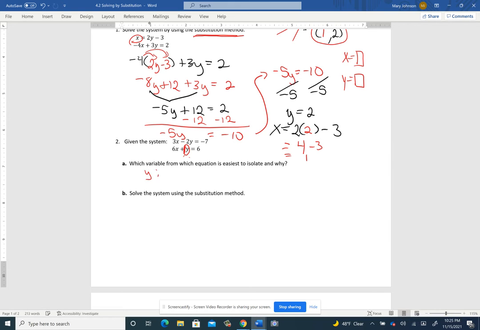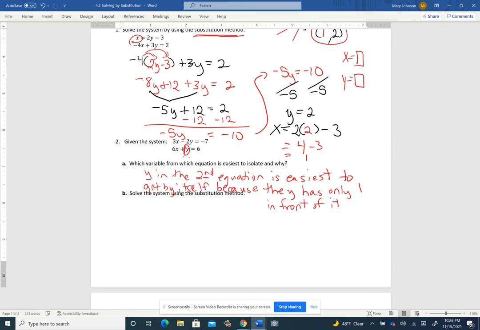So y in the second equation is easiest to get by itself because the y has only 1 in front of it.